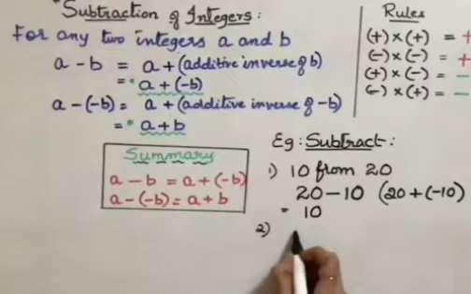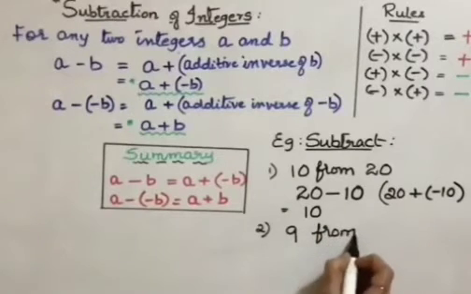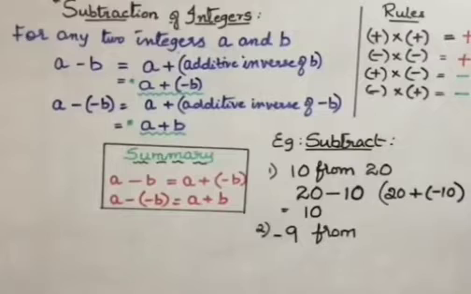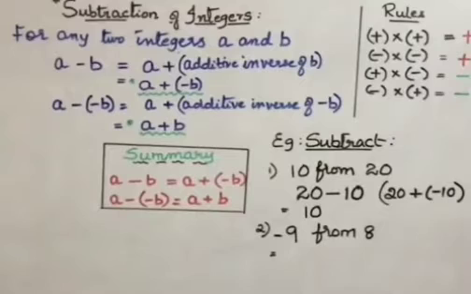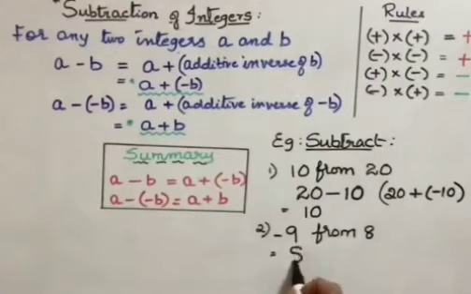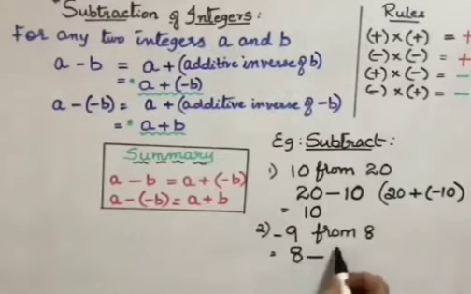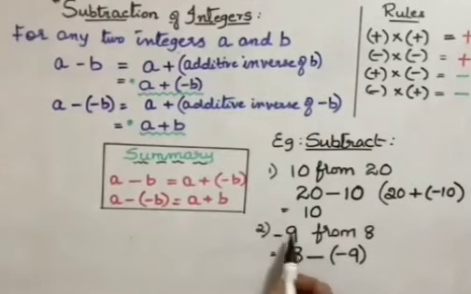Subtract, say, negative 9 from, say, 8. Now observe carefully. From 8 we are subtracting a negative integer. Second case. Children, many children make a mistake here. From 8 you are removing negative 9.